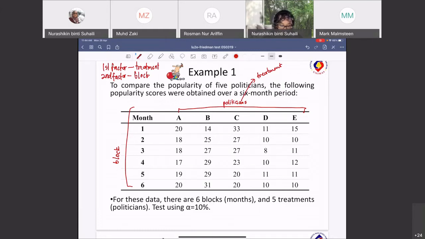So the comparison here is, let's say, in month 1, between A, B, C, D and E, and then the comparison goes on to month 2, and so on. If you remember Kruskal-Wallis, it doesn't have blocks, so you compare the whole of sample 1, sample 2, and sample 3. That's the difference.